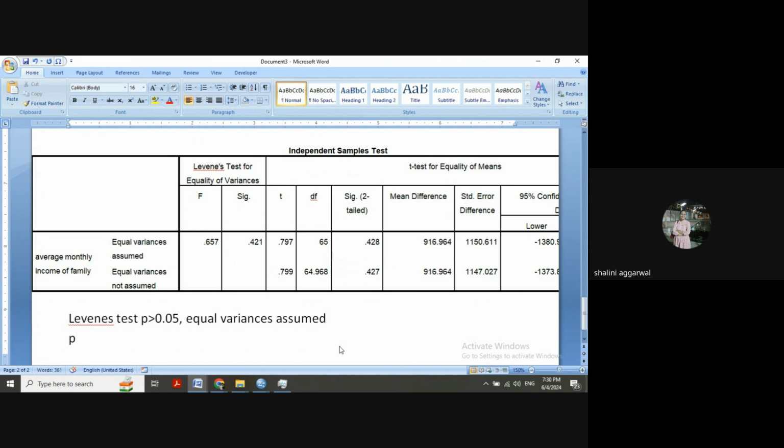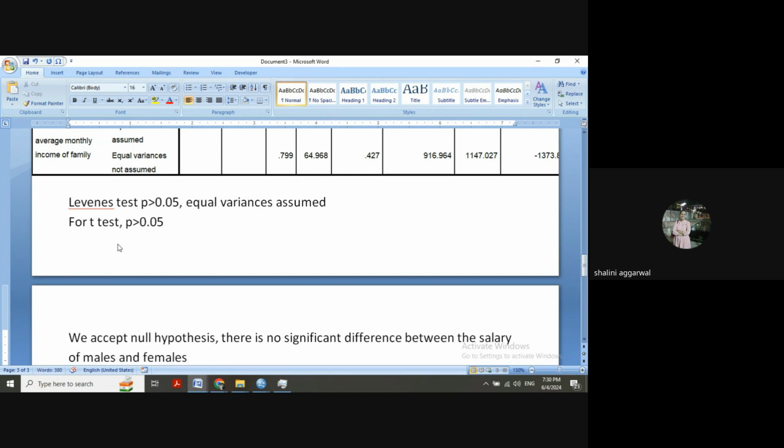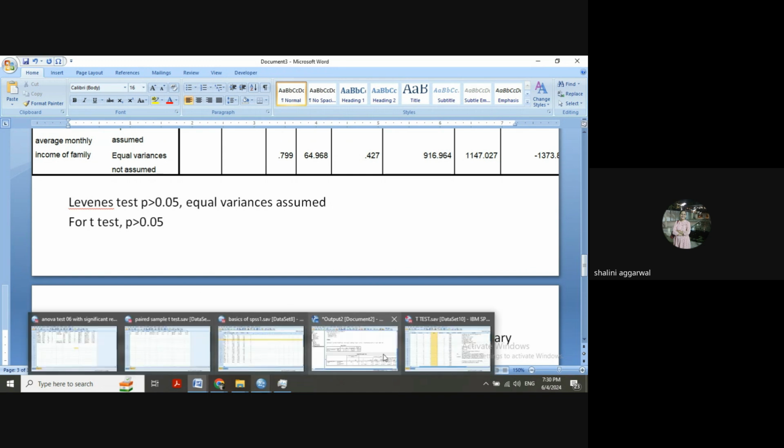Now the p-value for the t-test here is greater than 0.05. So what hypothesis will you assume from this? We accept the null hypothesis. It means there is no significant difference between the salary of males and females. Isn't this what we said? One minute, let me take you to this.